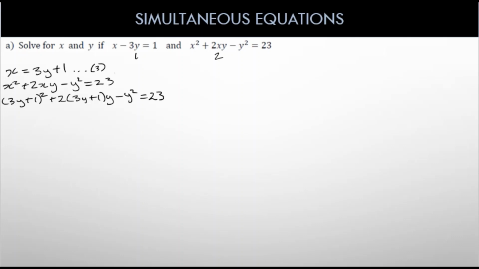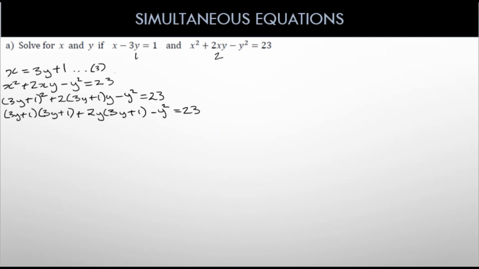And this is going to be a bracket multiplied by itself, so I'll have 3y plus 1 multiplied by 3y plus 1, and over here, because we are multiplying, I can just put the y in front before I multiply so that I reduce my chances of making a mistake. Minus y squared is equal to 23.